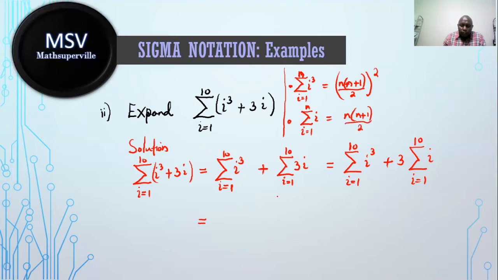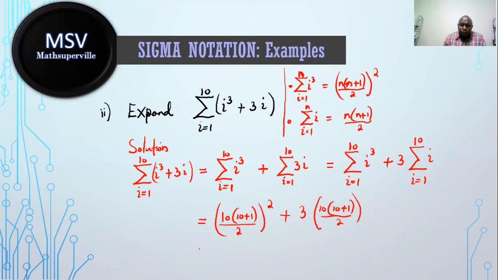So the first quantity is the sum of i cubed. In our case, n is 10, so the answer will be 10 times 10 plus 1 divided by 2, squared. The next one is 3 times the sum of i. So n is 10, so that's 10 times 10 plus 1 divided by 2.